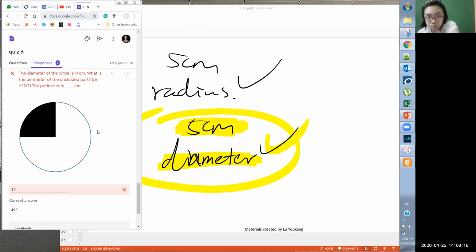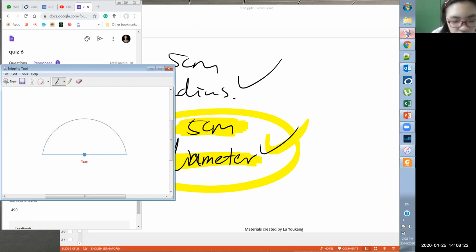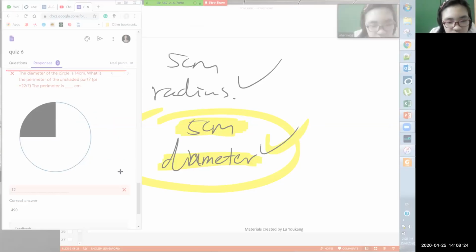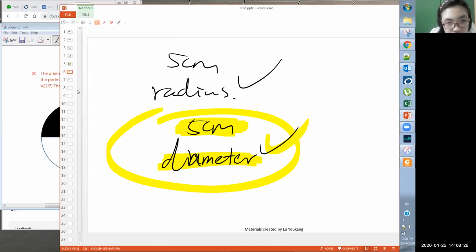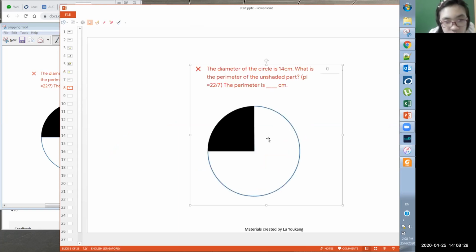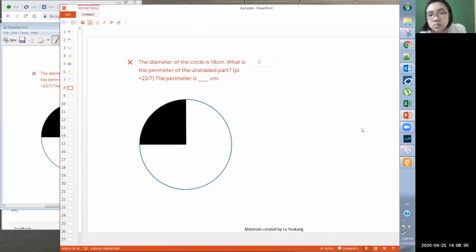So this question says, what is the perimeter of the unshaded part? Which one is the unshaded part in this case? The white part. Yeah, very good. So the unshaded part means if I shade it, I need to find this one, and then I also need to find this one, and then here.